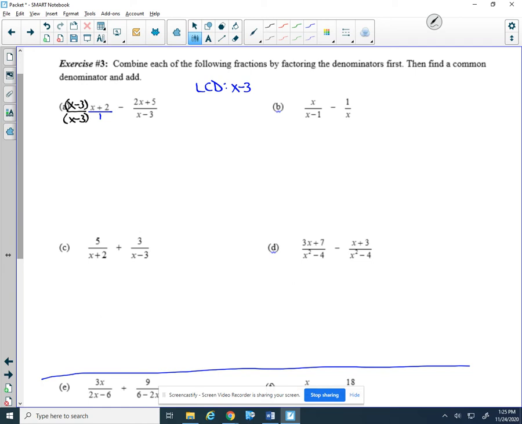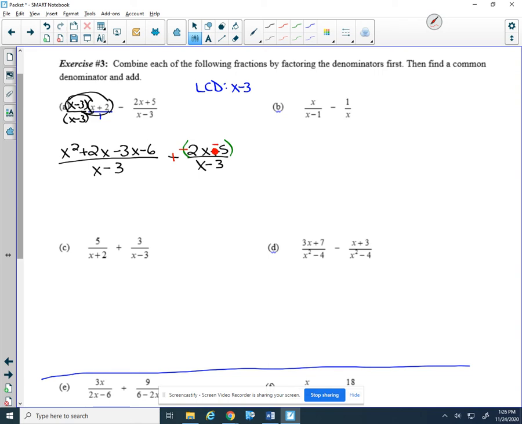So when I multiply this out, I do have to use double distribution. We get x squared plus 2x, and then minus 3x minus 6, all over x minus 3, minus 2x plus 5 over x minus 3. We notice here we're subtracting a binomial, so I'm going to change those signs.